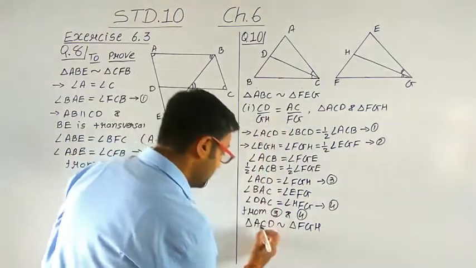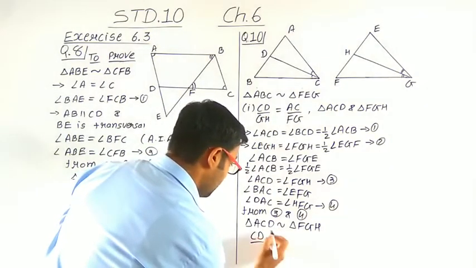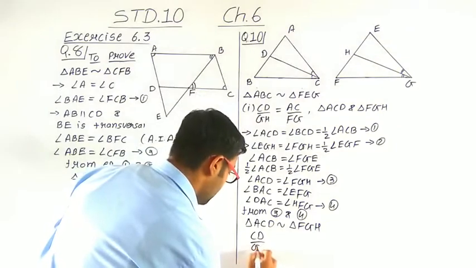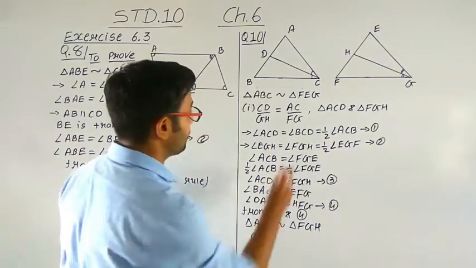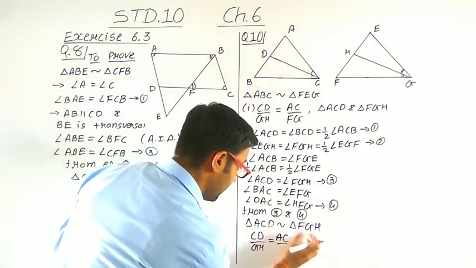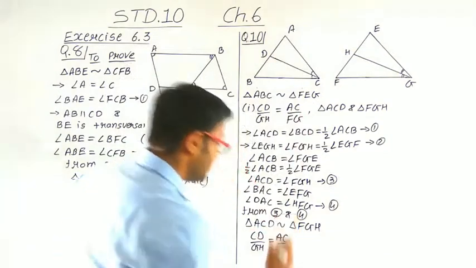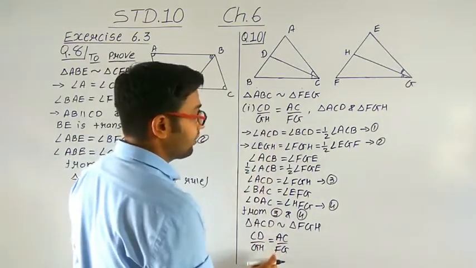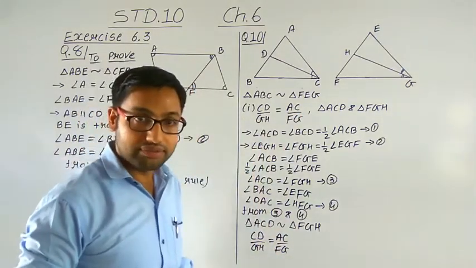So if we are taking the CD side, we have to take the GH side. So CD upon GH will become equal to AC upon FG, if we are taking the AC side of this triangle, we have to take the FG side of this triangle. So this is the first thing that we had to prove here. Okay?